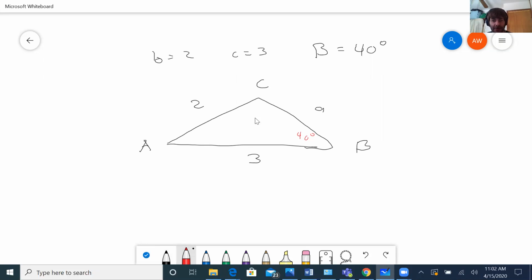The first thing I'm going to do is find this C because I have the opposite side here, and I'm going to use B. A, I have nothing. I'm going to have to get to that last.